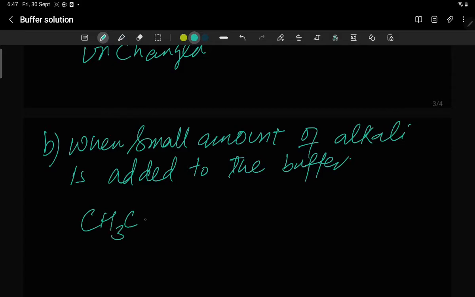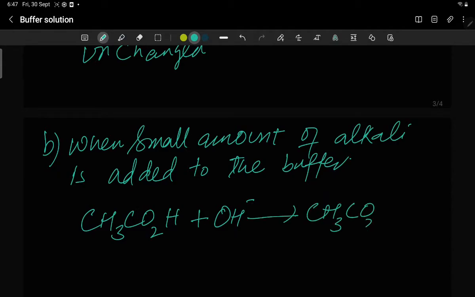CH3CO2H plus OH negative, acid reacts with base to form ethanoate and water. So the OH ions of the alkali react with the acid in the buffer to form ethanoate ion and water. Therefore the pH does not change.